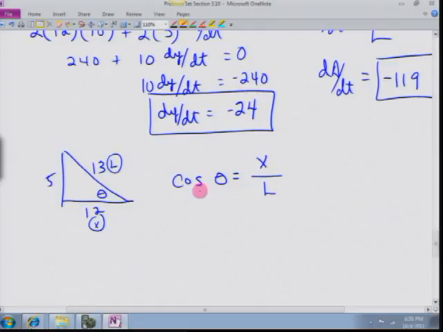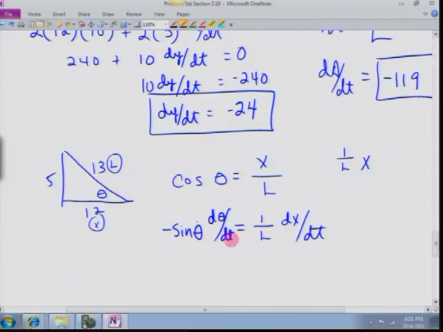Trust me? All right. What's the derivative of cosine? So negative sine theta equals, and if you think of this as 1 over L times x, what would the derivative of that be? 1 over L times dx/dt. Oh, and I forgot d theta/dt over here. Because isn't that what we're looking for, d theta/dt? Yeah.